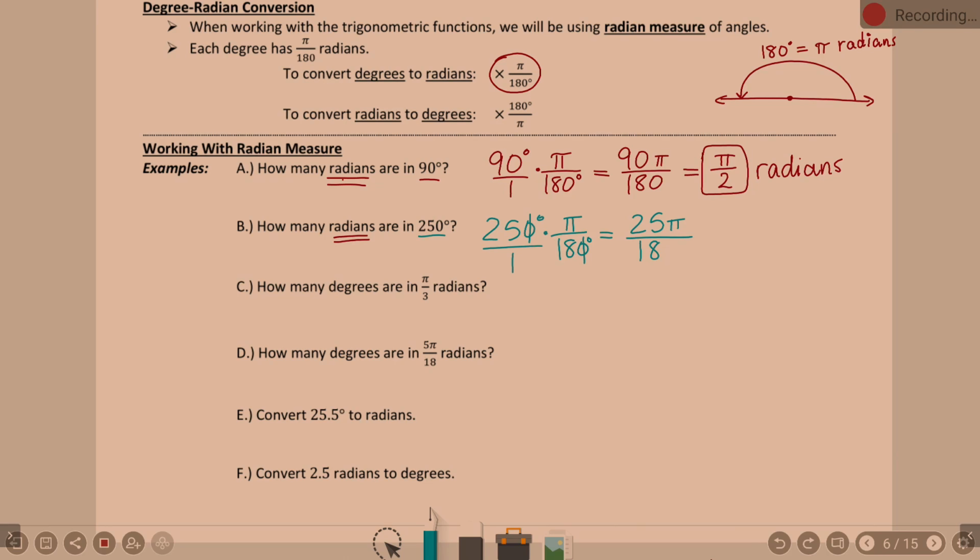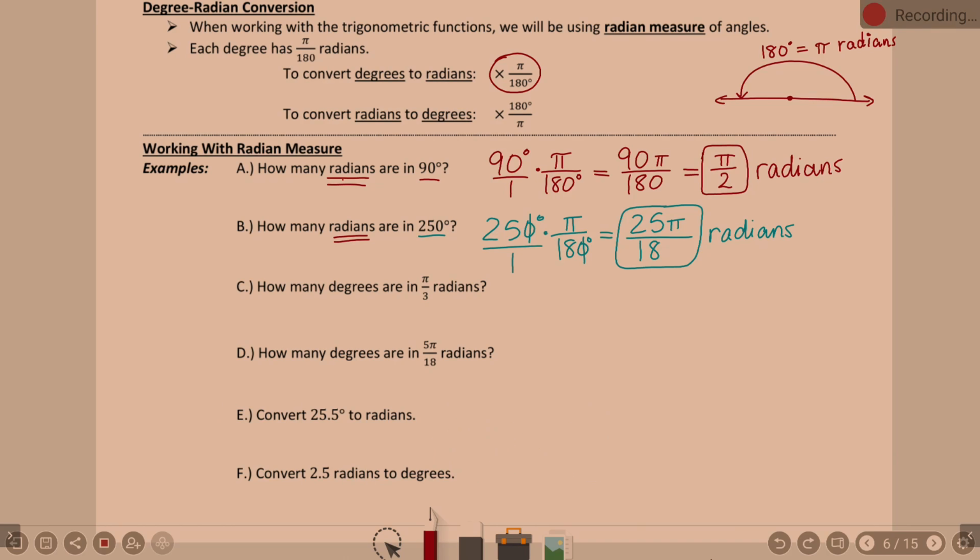Does 25 18ths, if you ignore the pi, reduce, simplify? No. And we're going to leave them improper, and this would be how you would leave a radian answer. So 25 pi over 18 radians. And it's not that you necessarily have to label radians. If there's no label, we still know it's radians.